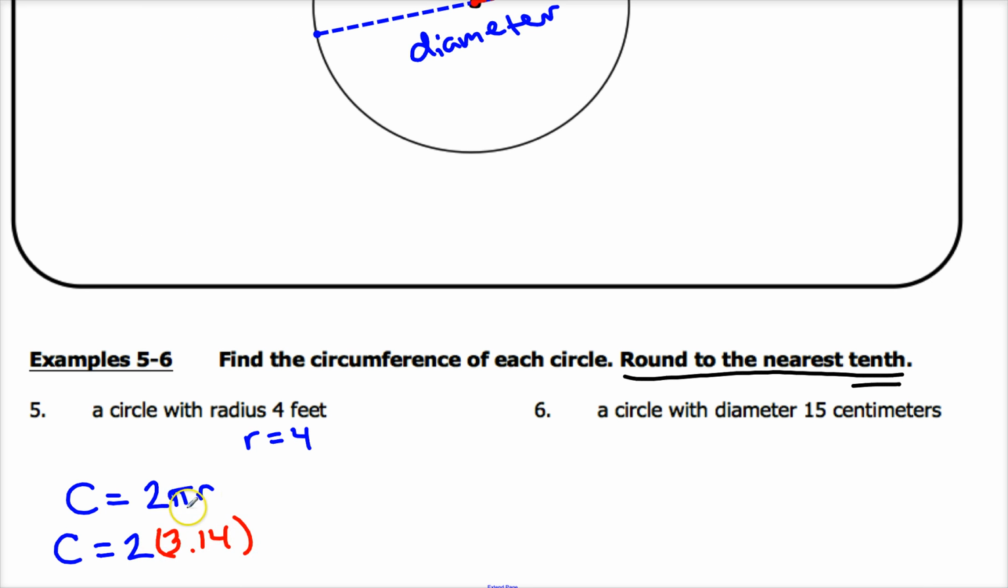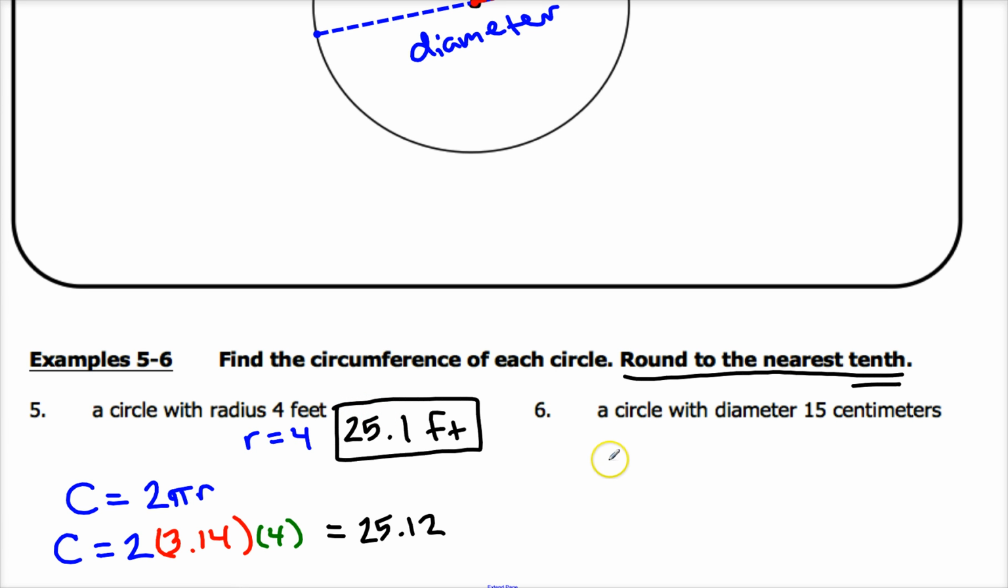So we'll plug in a 3.14 there, and we know, again, our radius is 4. So we're taking 2 times 3.14 times 4. And when we do that, I'm just going to use a basic calculator. I get 25.12. Okay. To round that to the nearest 10th, I look at my 1, and then I look past it to the 2, and that 1 would stay, so we would say that this is approximately 25.1 feet.